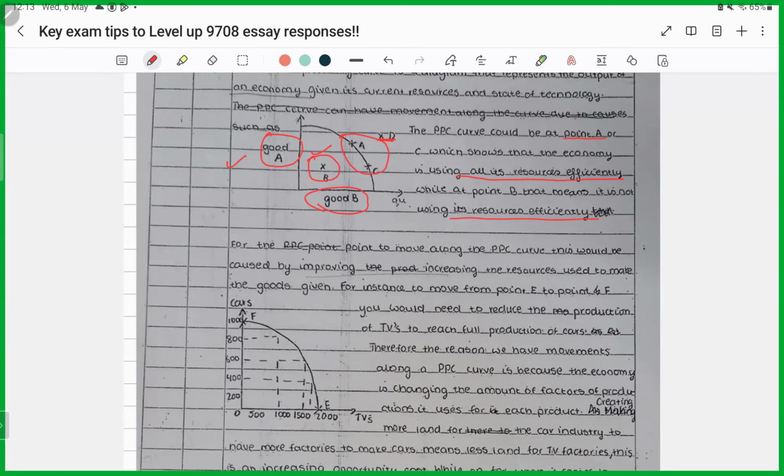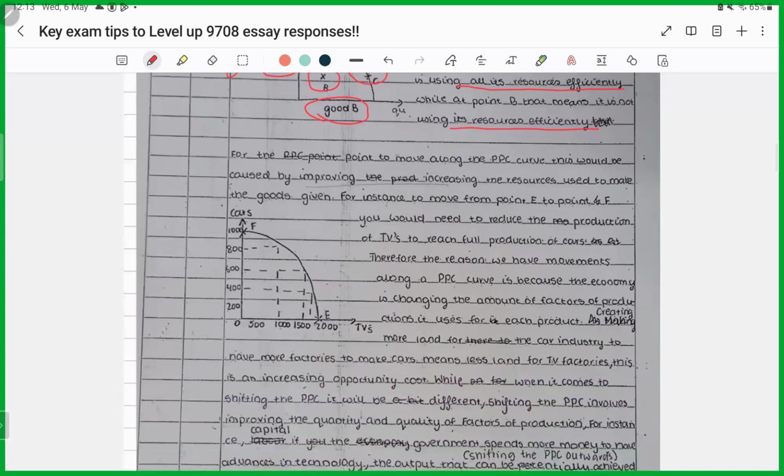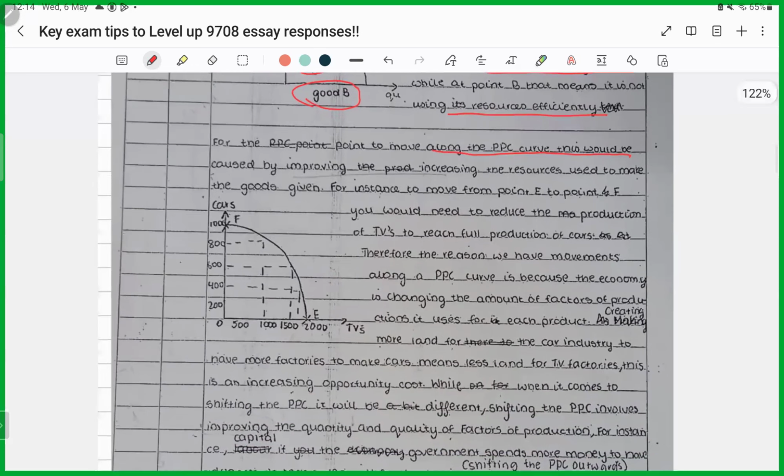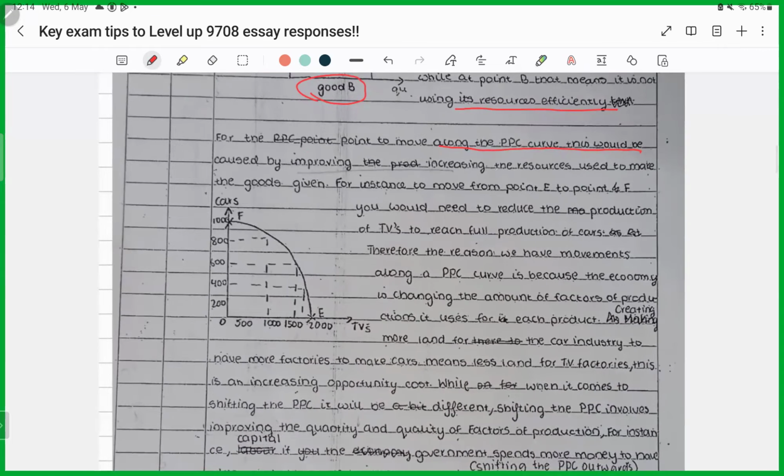Further, it says for the point to move along the PPC curve, this would be caused by improving or increasing the resources used to make the goods given. For instance, to move from point E to point F, you would need to reduce the production of TVs to reach full production of cars.